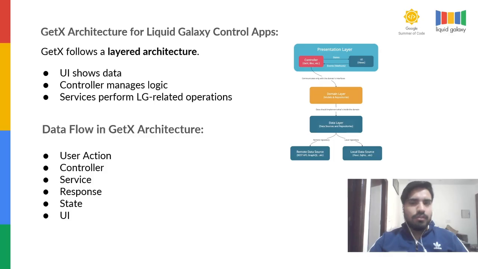With the help of Obx, it displays the result. Like in our case, if our application is connected, then the Obx variable shows a connected indicator on the UI, which ensures that our application is connected with the Liquid Galaxy rig. So in this way, data flows in the GetX architecture.